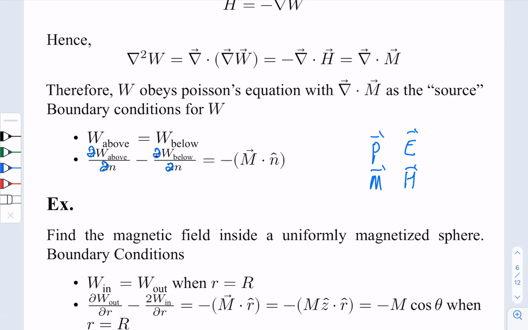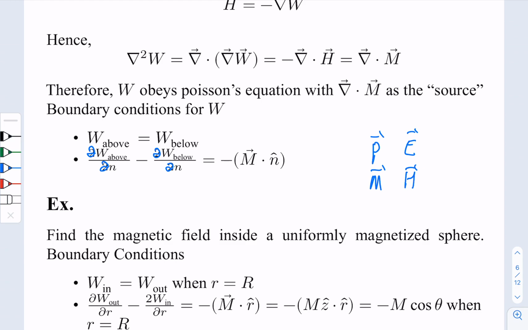So here W, the other scalar potential, is also continuous everywhere across any boundary. But the derivative along the normal direction is not continuous, and the discontinuity of the derivative of the scalar potential is related to the charge at this surface.